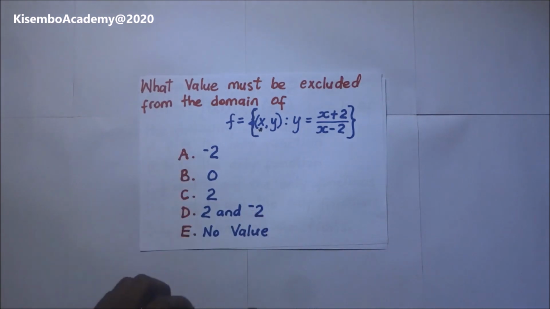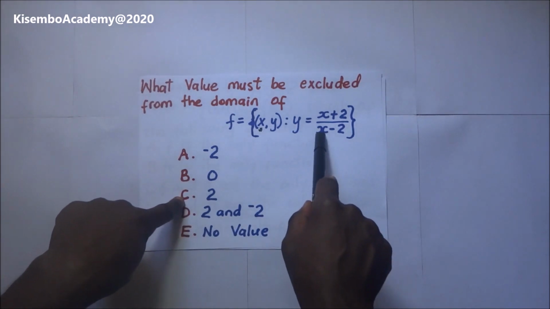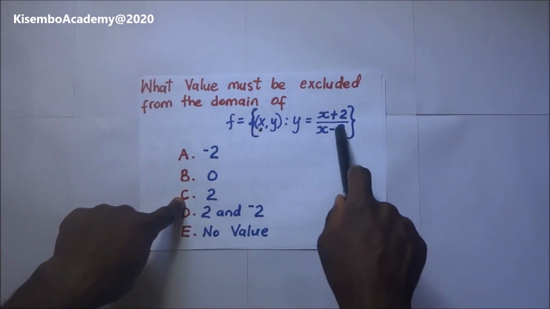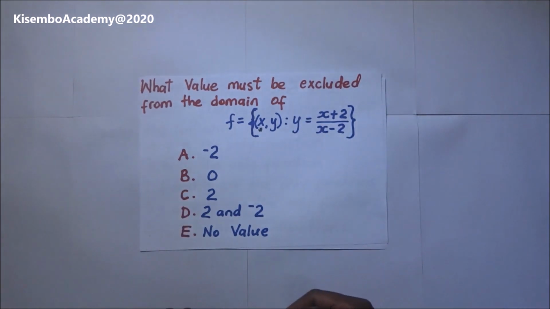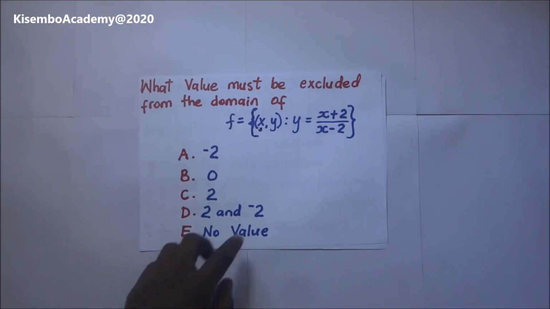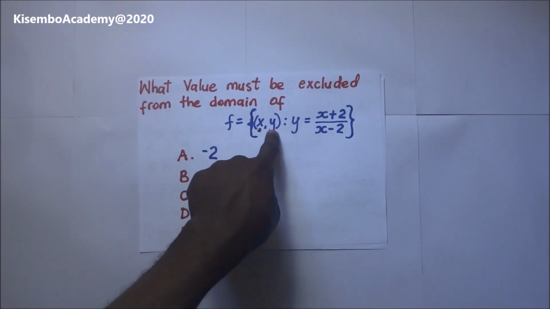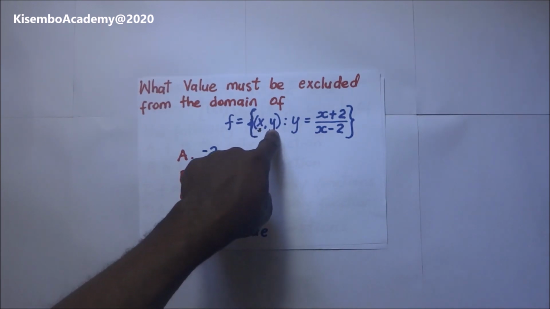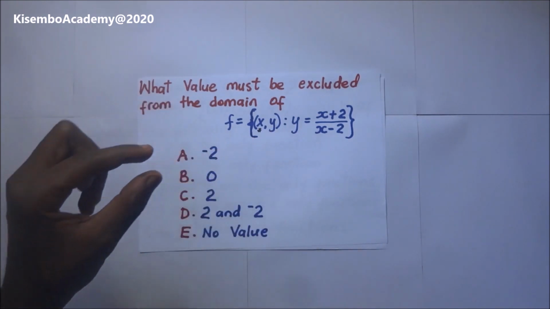So in this case, our answer for this question is C, because if we make the value of x 2, it's going to give us 2 minus 2 down here, and our value of y would be an undefined number. And we said that unless the domain is explicitly stated, the values of x here are assumed to be all real numbers that are supposed to produce real numbers as outputs, or that are supposed to give us a value of y that is a real number.